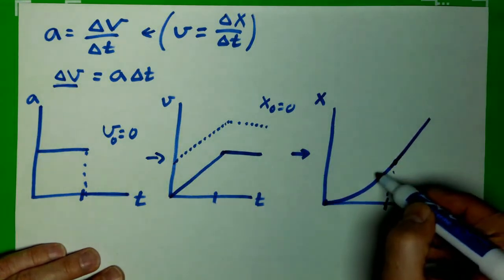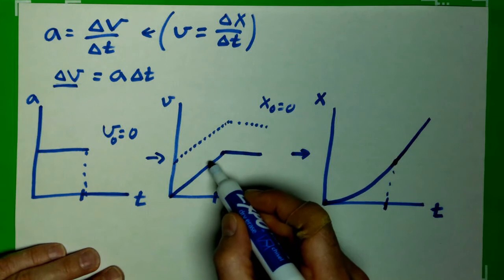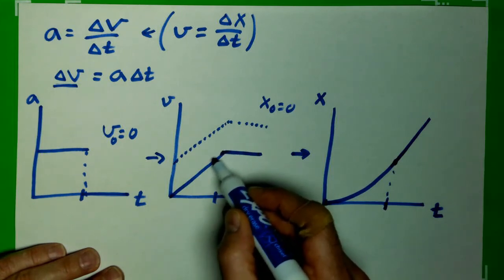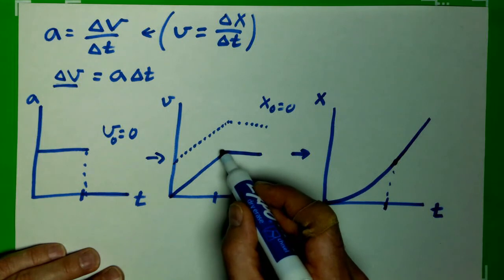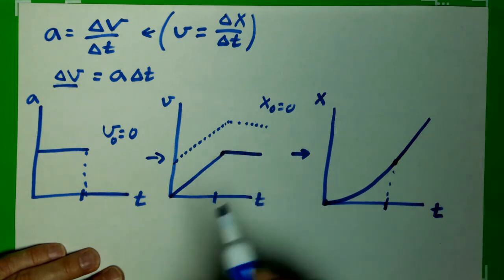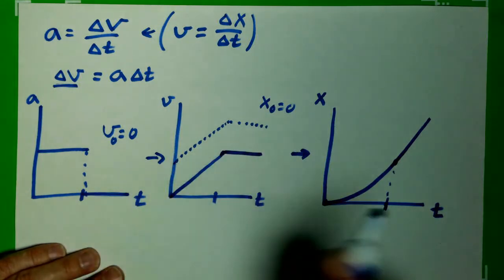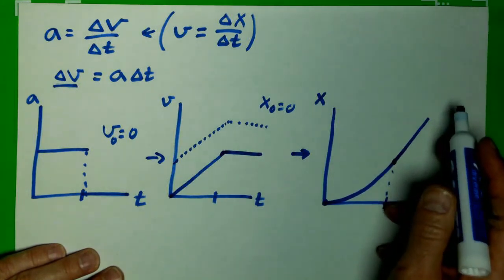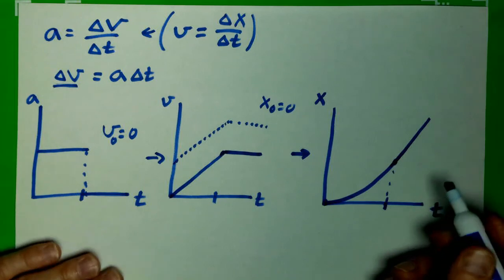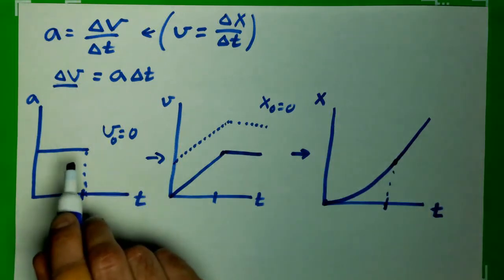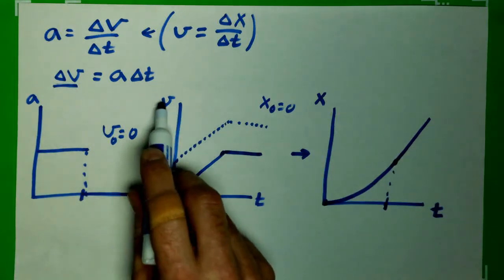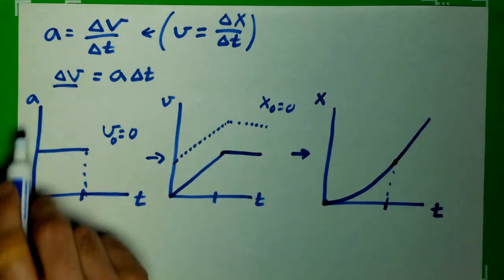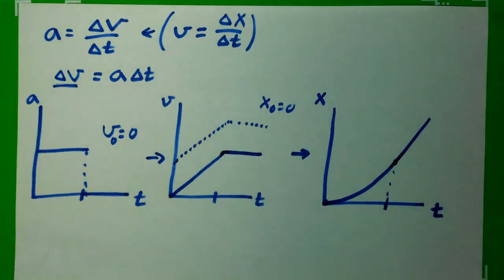Again, it's a smooth transition here because the velocity is the same value right below the elbow as right on the other side, as you go closer and closer to that elbow. And so the slope smoothly transitions to this straight line. So that's our position versus time graph given from our velocity versus time graph, which itself was given from our acceleration versus time graph.